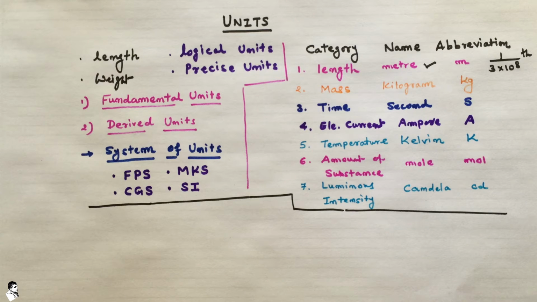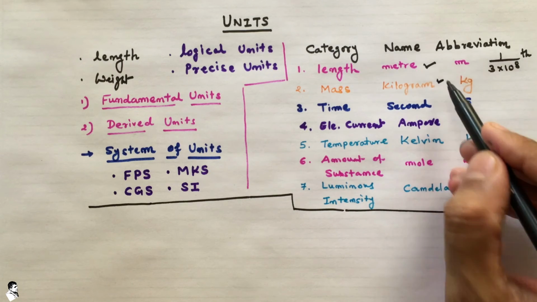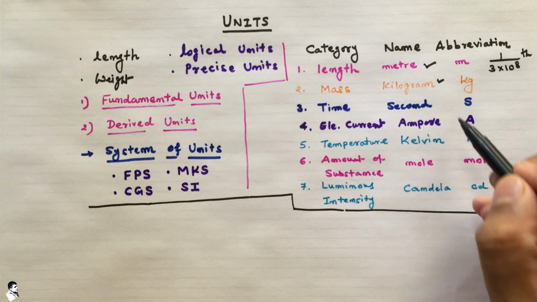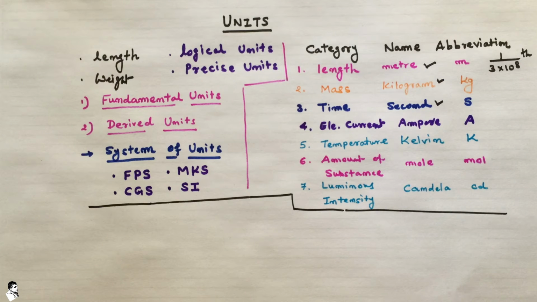Second is the kilogram. It is the basic unit of mass and is defined as the mass of the international prototype in the form of a platinum iridium cylinder that is kept in Sèvres in France. Furthermore, the second is the basic unit of time, which everybody knows and is similar in all systems.